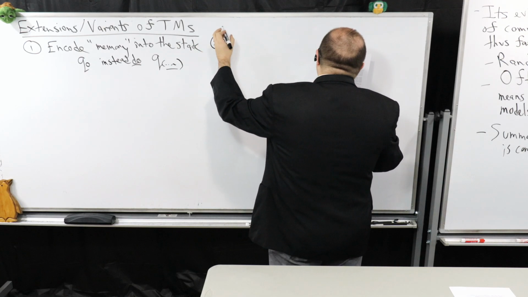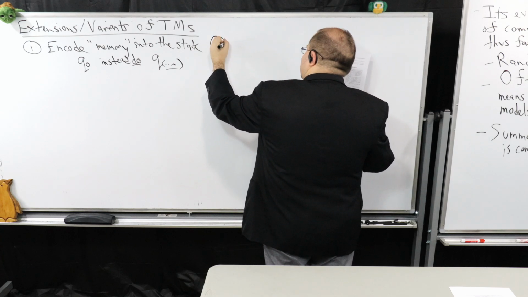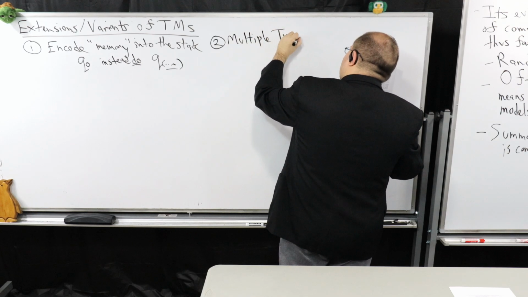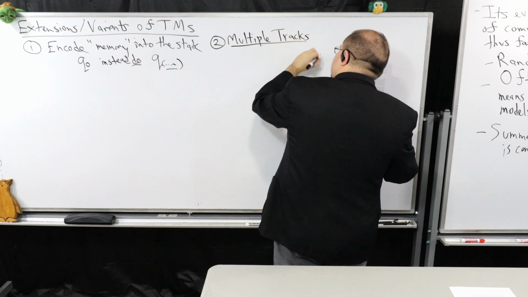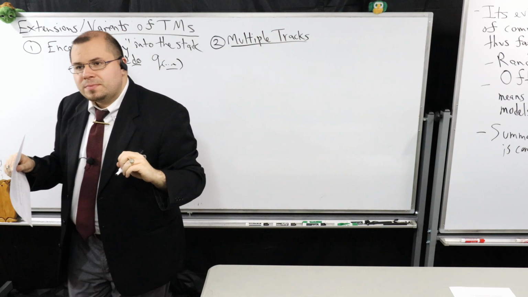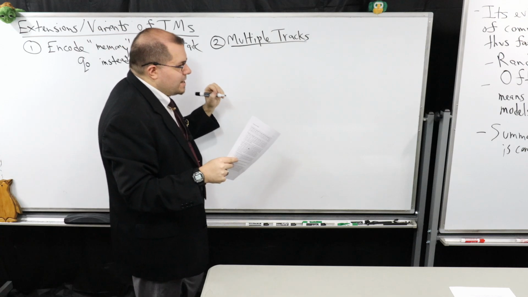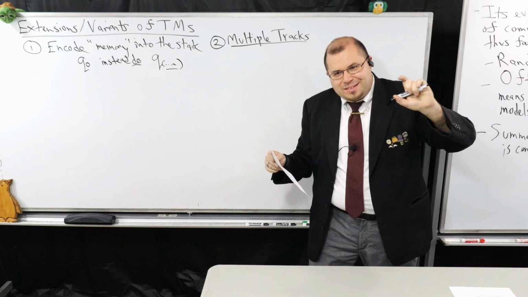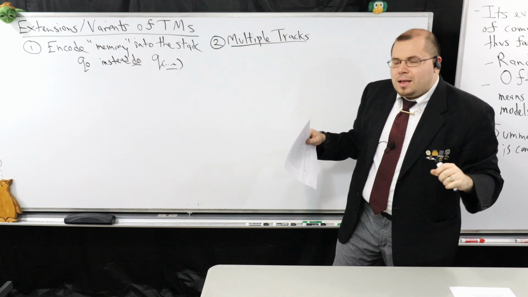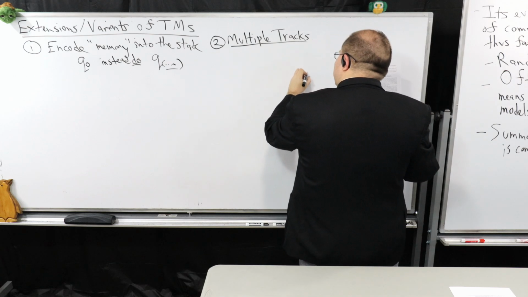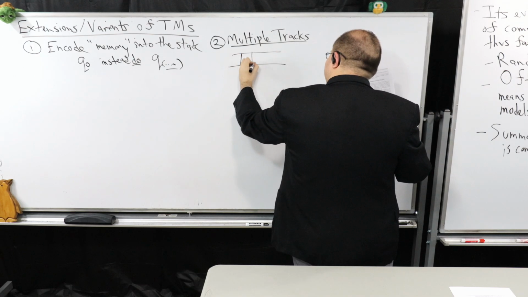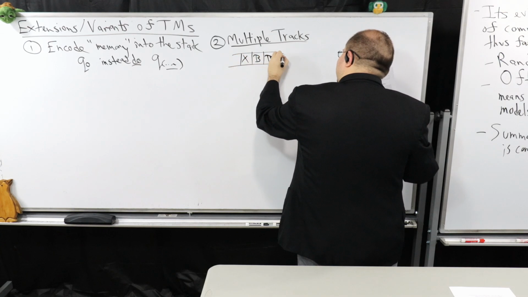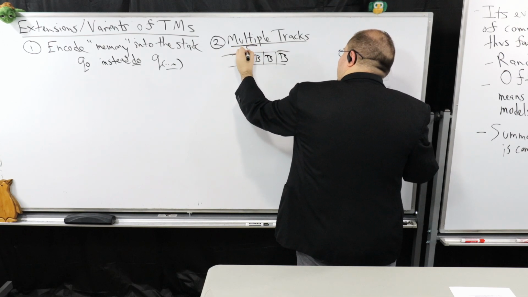Another way you could do this is you can introduce so-called multiple tracks. And here's the idea. You know how I have our tape, and I have the tape symbols? Remember we have our tape like this, and I have some symbols, like X and a bunch of blanks on the tape, and I have my tape head.